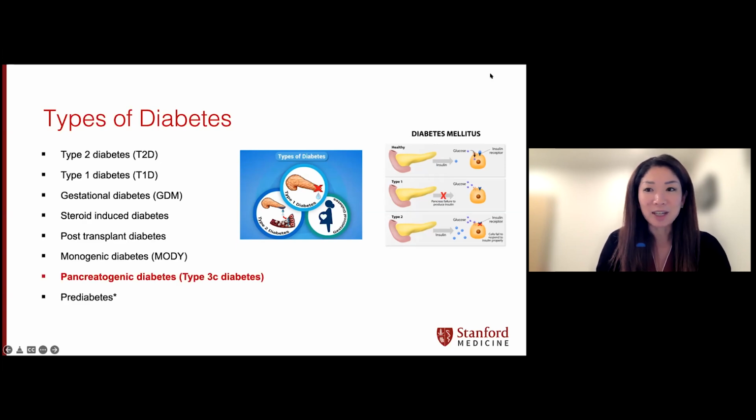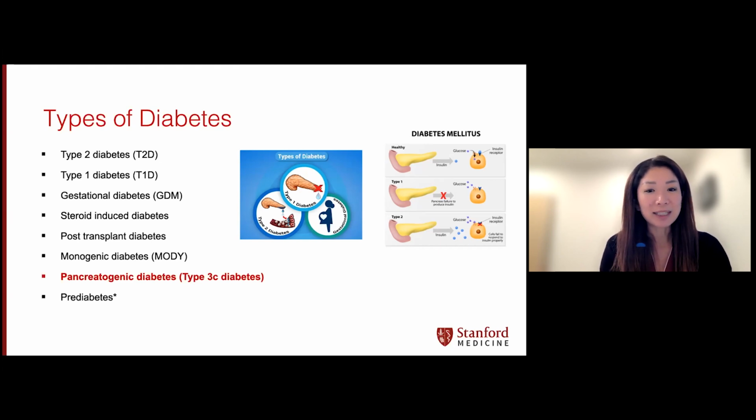Other types of diabetes that you may hear about: as Stanford is a transplant center with a lot of complicated patients and patients on various medications for steroids and chemotherapy, we often see patients with steroid-induced diabetes. Then there's also post-transplant diabetes. Less commonly, there's monogenic diabetes or MODY, and then type 3C diabetes, which is our topic of interest today.